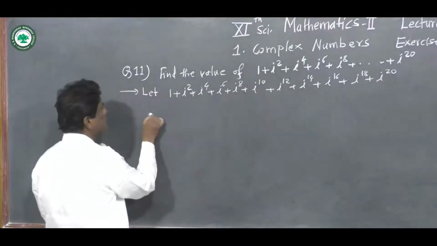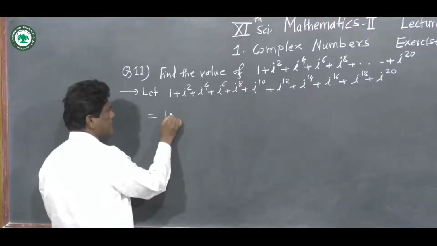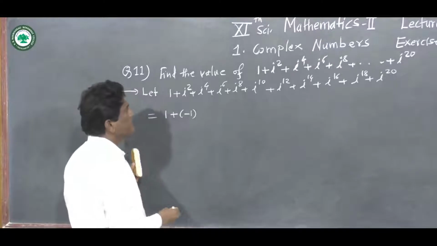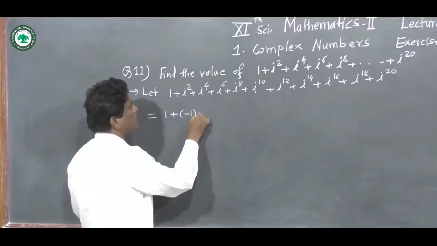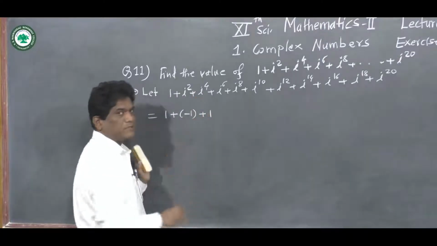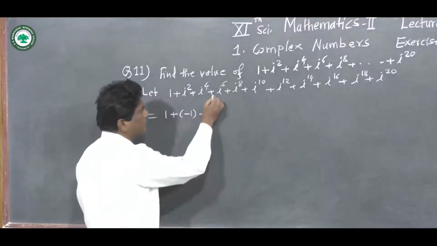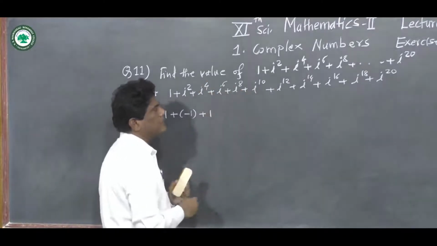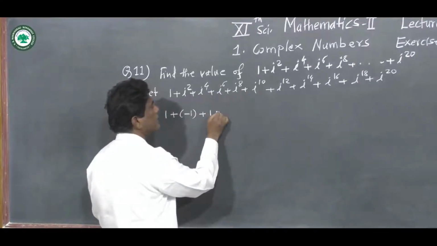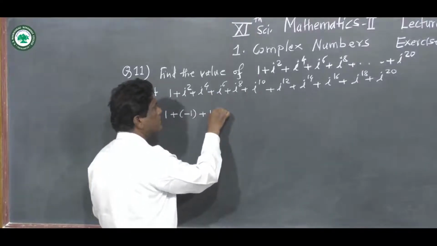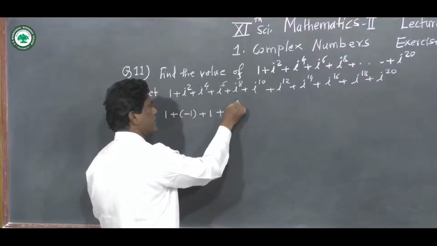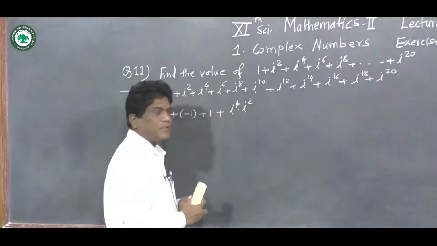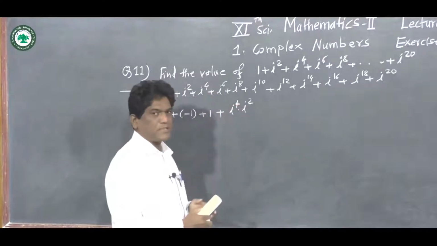So this is equal to 1 as it is, plus i squared, which we know is minus 1, plus i to the power 4, which is 1. We have seen the powers of i. Now for powers higher than 4, we divide that number by 4 and write like this. Plus i to the power 6 as i to the power 4 into i squared, since 4 plus 2 is 6.